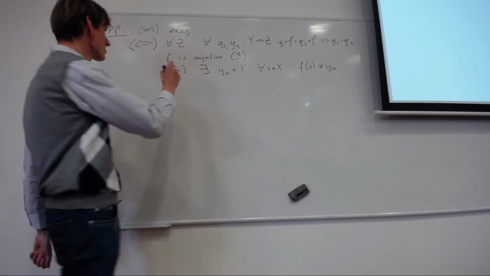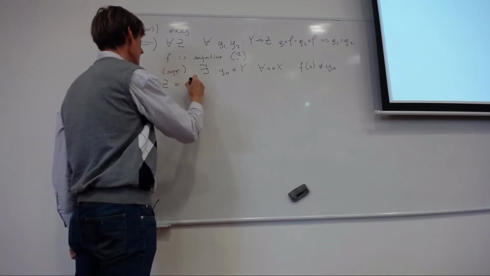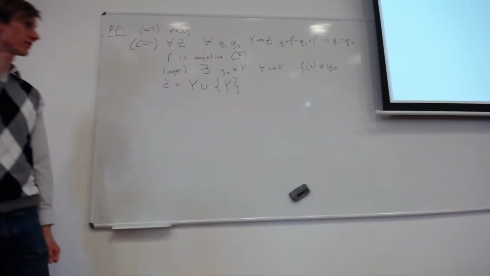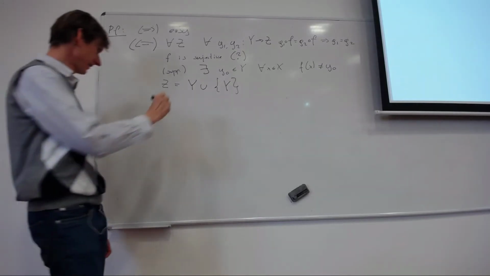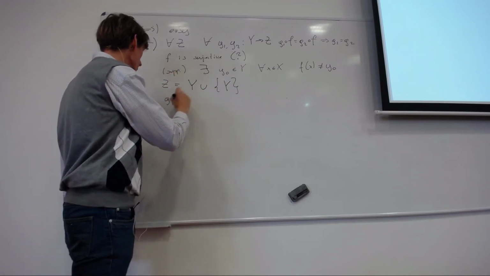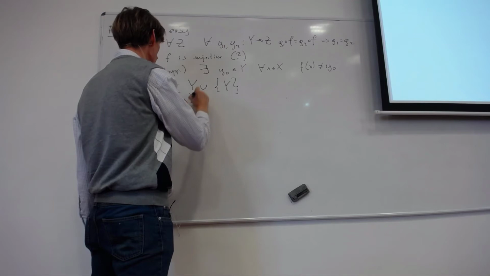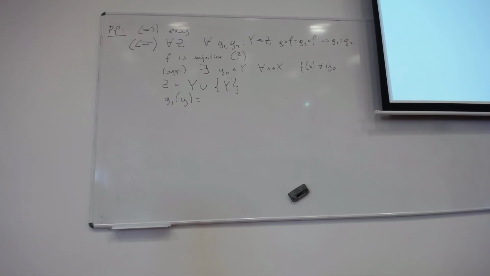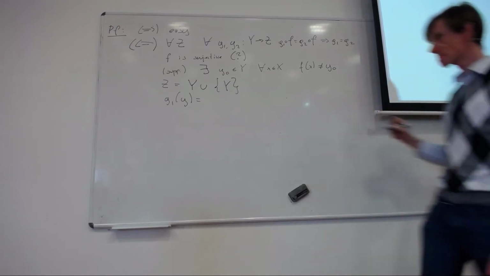For the set Z, consider the set Y union a singleton set consisting of the whole set Y. Let's define functions G1 and G2 as follows. G1 of y will be just y.